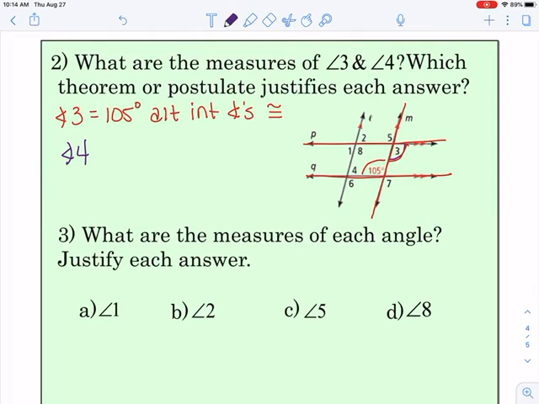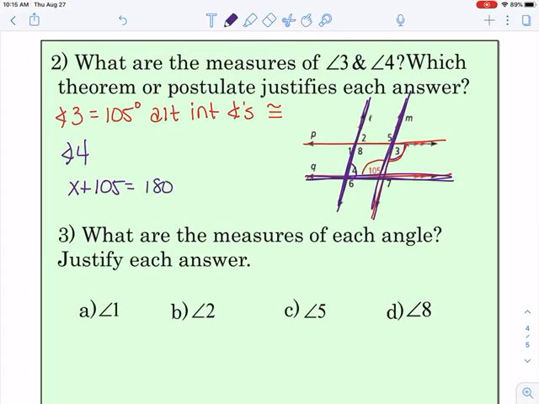Okay, and then the other one that we were asked to find was angle 4. Angle 4 is down over here, and now I'm going to highlight different lines here, this one in purple, and then this one in purple. That's what I want to look at. Angle 4 and angle 5 are interior angles on the same side of the transversal, which means those two angles are going to be supplementary. So to find angle 4, I really want to know the measure of that angle plus 105 equals 180.